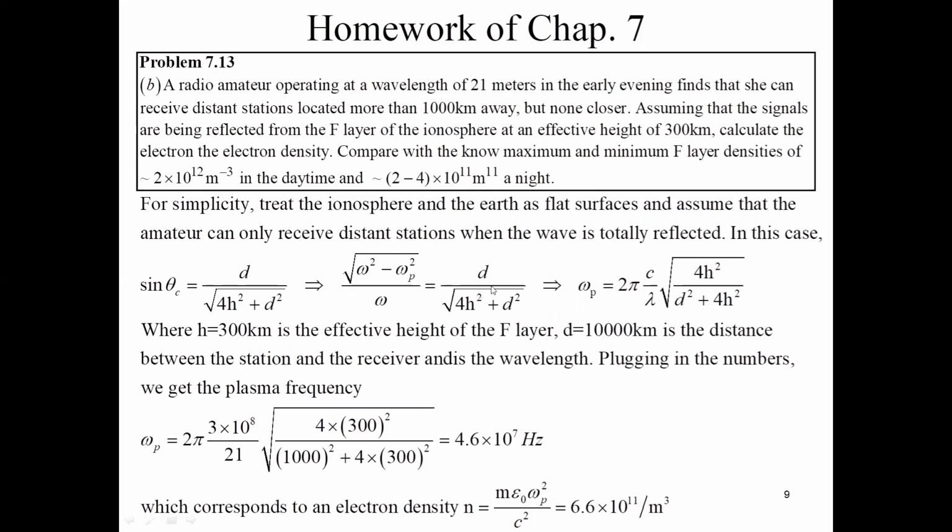By numerical calculation, we can get the result of omega p as this term, and then we substitute the h and d provided by the problem. We calculate omega p equals 4.6 times 10 to the 7 hertz.